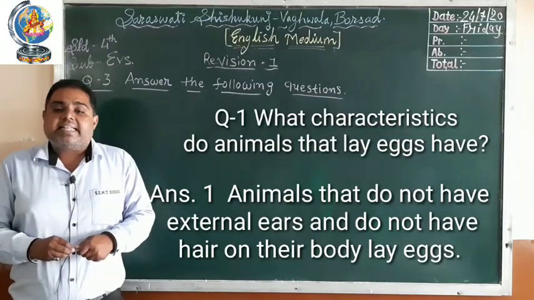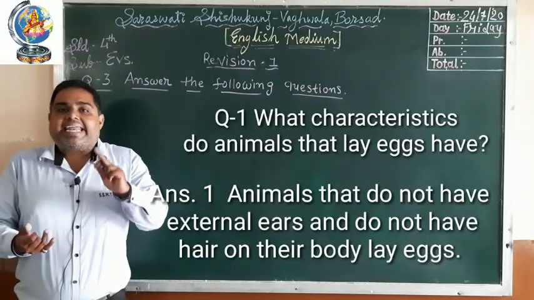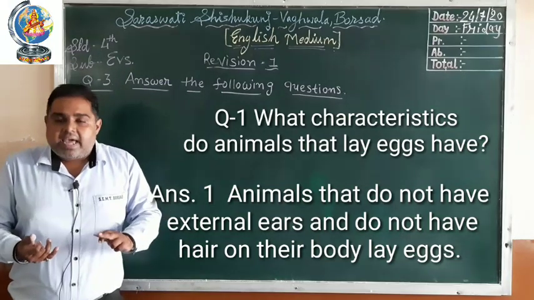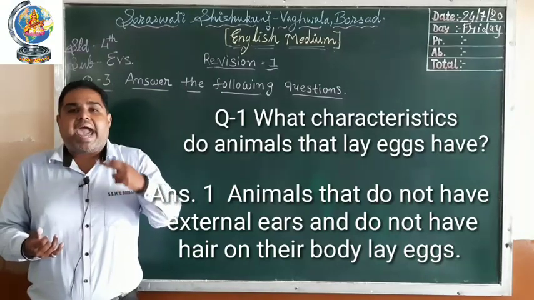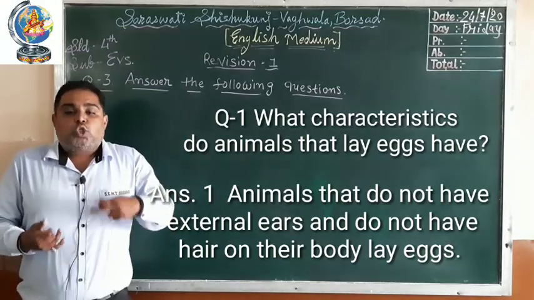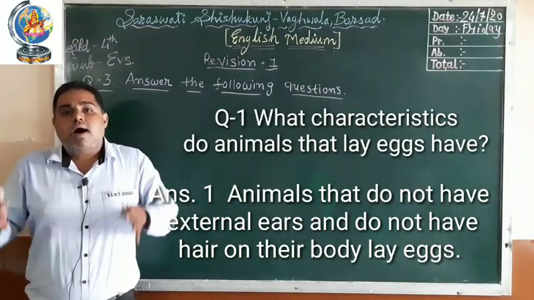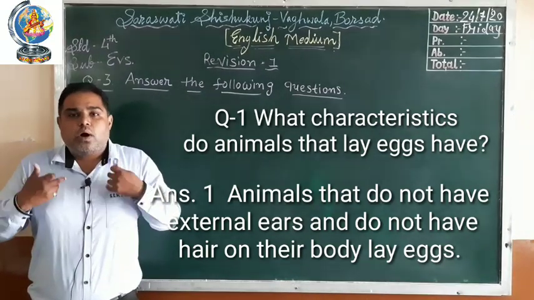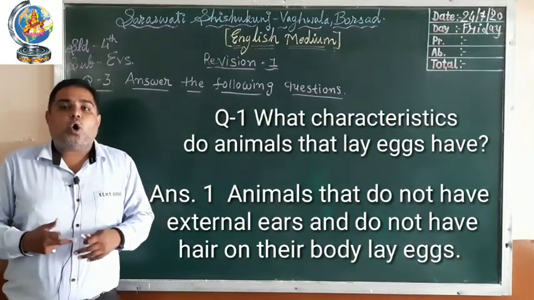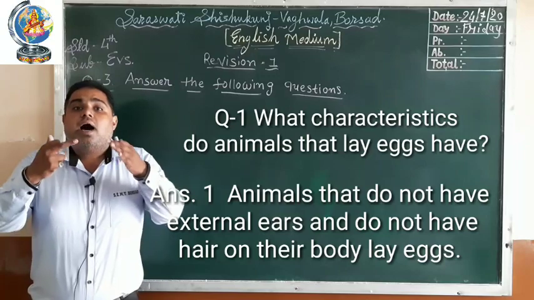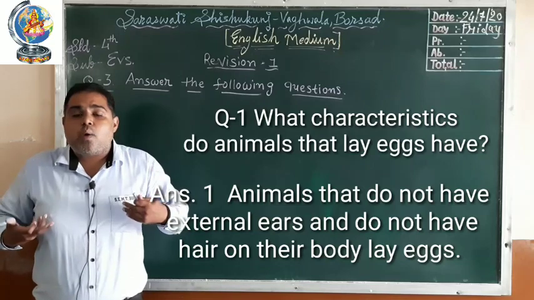Which are the two things? The animals that do not have external ears, and the animals that do not have hair on their body, those animals lay eggs. For example, all the birds do not have hair on their body, they have feathers. That is why all the birds and the reptiles like snakes and lizards do not have hair on their body.